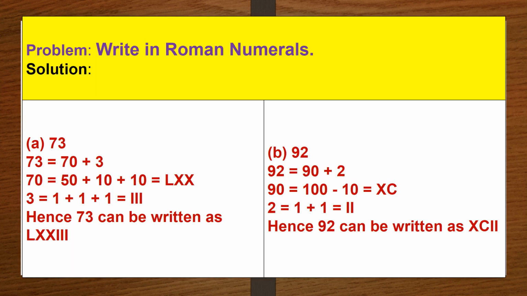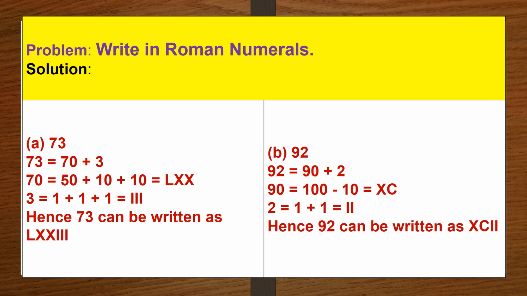Let's solve some more problems of Roman numerals. A part is 73. Now 73 can be written as 70 plus 3. Do we have any symbol for 70? No. So can we write 70 as 50 plus 10 plus 10? We have a symbol for 50?